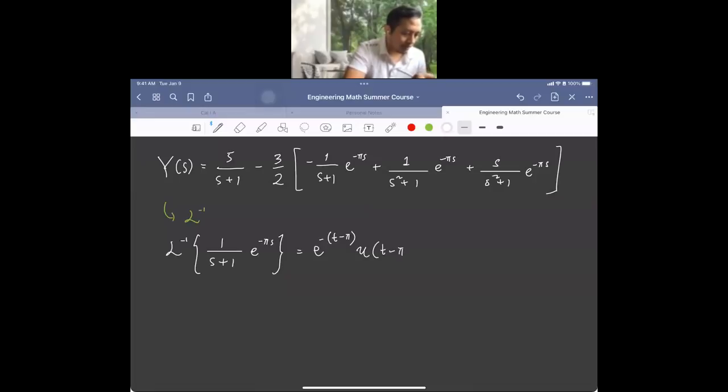And then Heaviside (t minus pi). Remember that we have s minus minus a, right? So we have pi as the shifted units, so t minus pi.